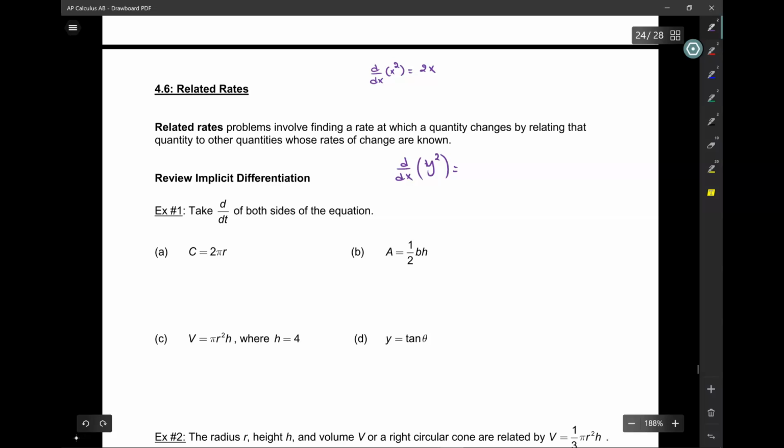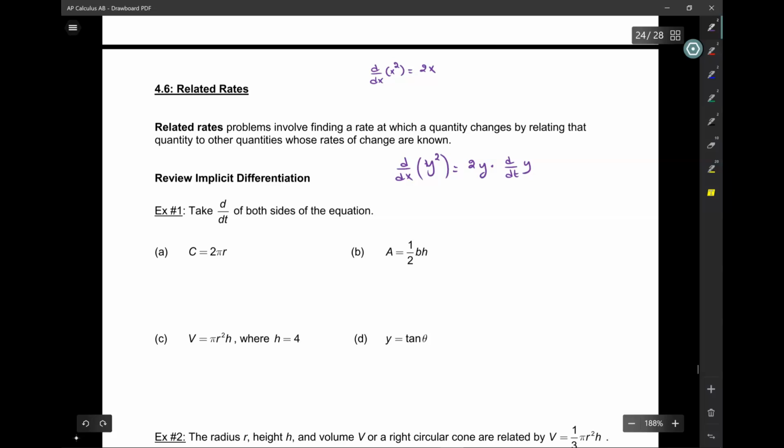But when my variable is different from the variable with respect to which I'm differentiating, then it becomes a chain rule problem. So now I have to do 2y times the derivative of what's being squared, which is y.